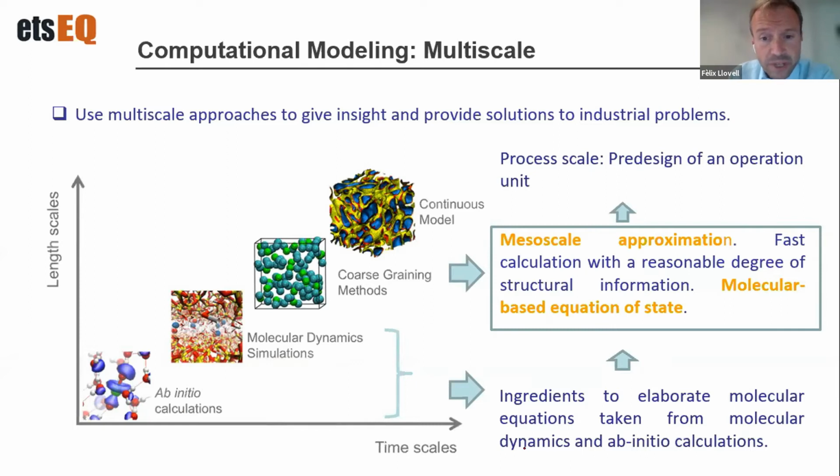However, this information can be very useful to build a coarse-grained method based on SAFT or other equations of state that can provide a fast calculation with a reasonable degree of structural information. These equations can later be applied at process scale for the pre-design of an operation unit, which is a need required by the companies.